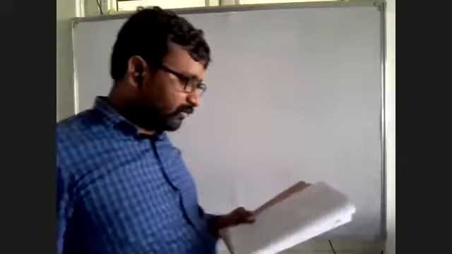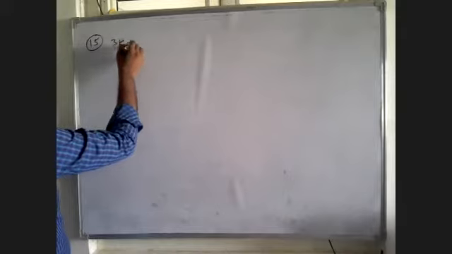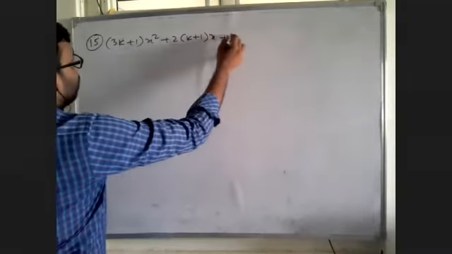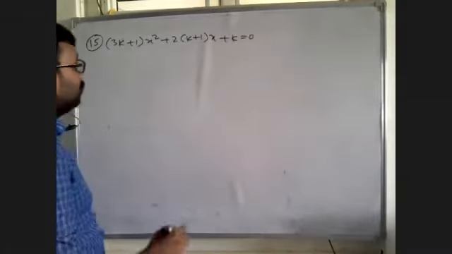See, question number 15 also. The question is: find the value of k for which the following equation has equal roots. So, question number 15 I am writing. Question number 15 is 3k plus 1 into x square plus 2 into k plus 1 into x plus k equal to 0.